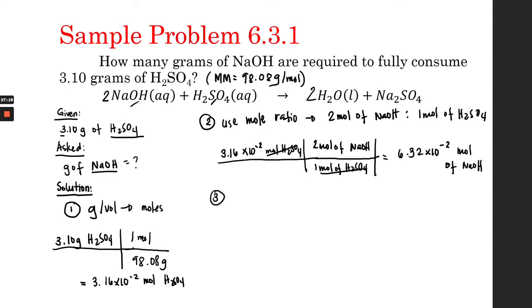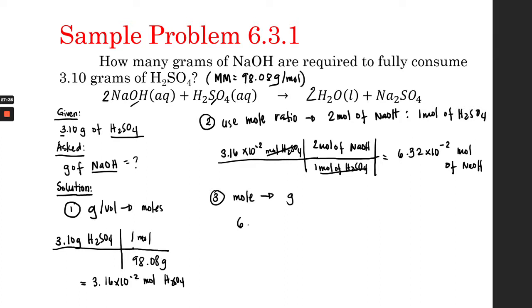And step 3 is to convert the moles of the substance that you finally found to its mass or volume. In this case, mass, because they're asking for the mass of NaOH.